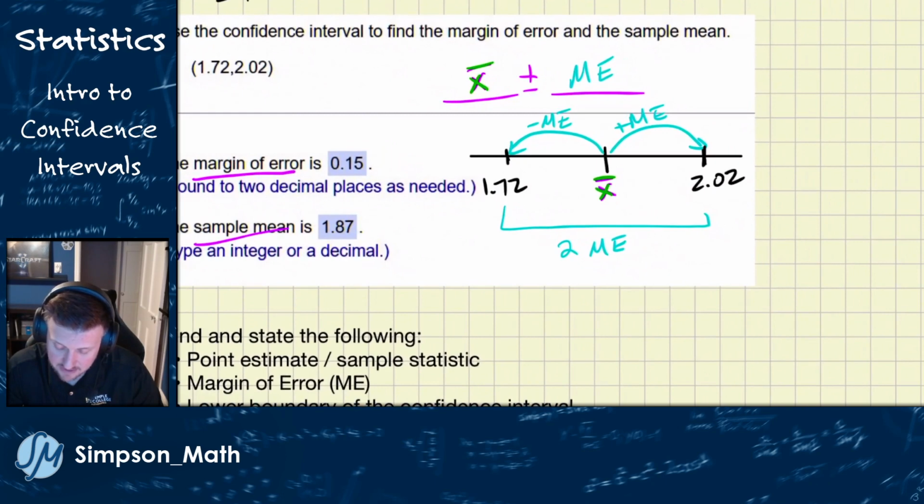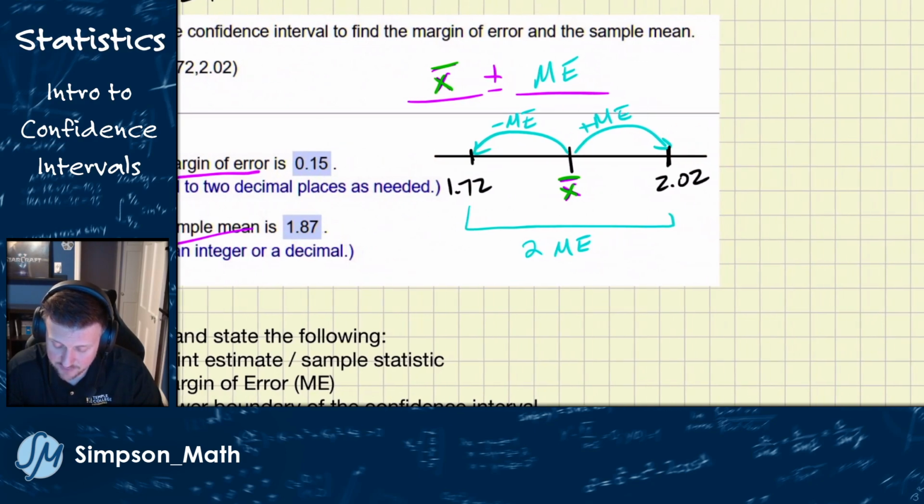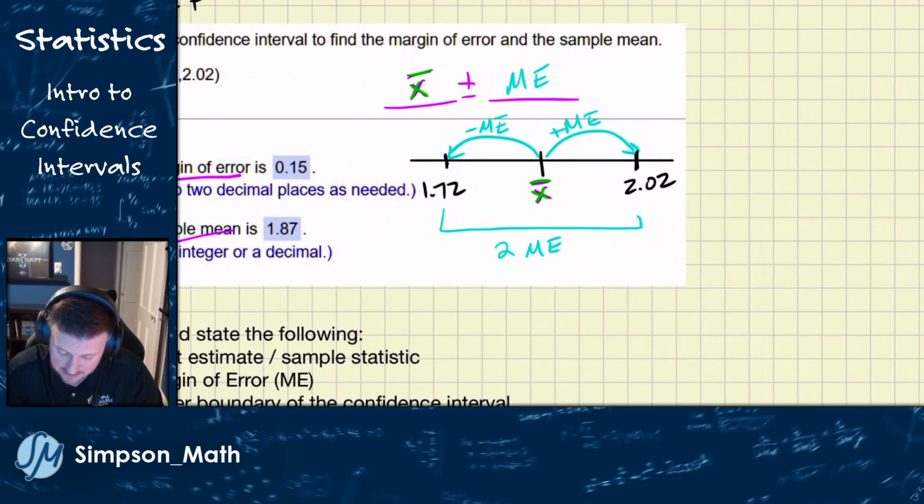Either method works. I'll show you both ways. I'm going to take these two numbers, add them up, and average them to find this x bar.